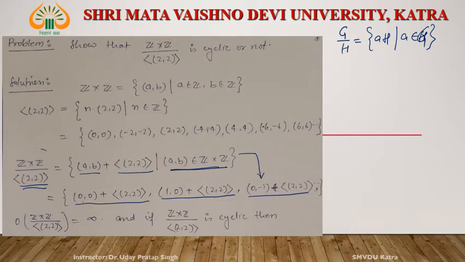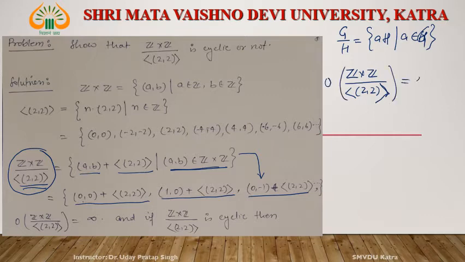Then what is the order of this? Order of Z cross Z by (2, 2) is infinite. Okay, suppose this is cyclic. Then what other group of infinite order is cyclic?